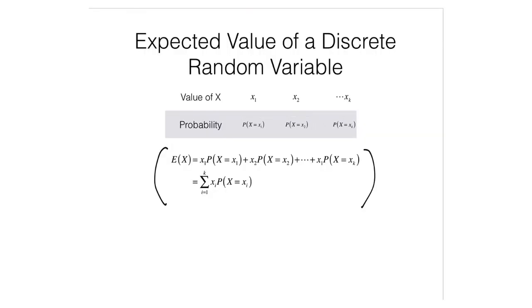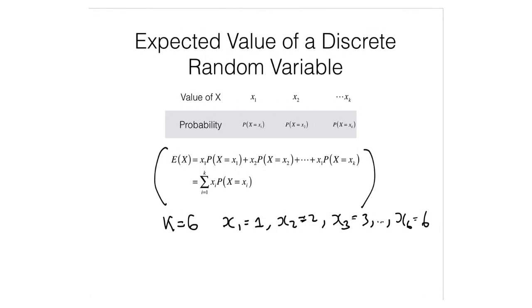So how did that work in our dice rolling example? Well, k in that case was equal to 6, and x1 was just equal to 1, x2 was equal to 2, and x3 was equal to 3, etc., and x6 was equal to 6.